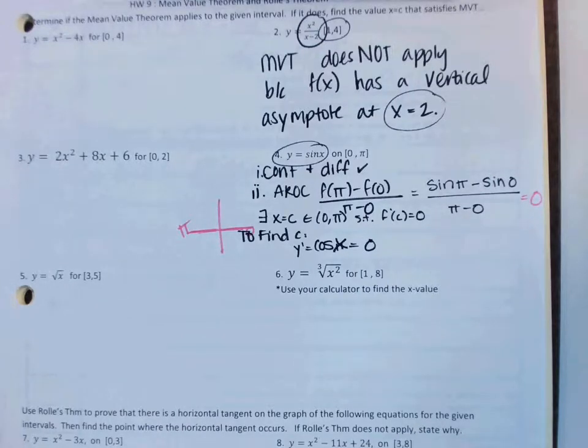Pi over 2. Here's how you do it on your hand. I want no fingers on top. Then I have to pick this guy. Now, I could also pick 3 pi halves, right? But where do I have to stay between? 0 and pi. So can I pick 3 pi halves as my c? No, because it's not between those endpoints. So your c there would be pi halves.